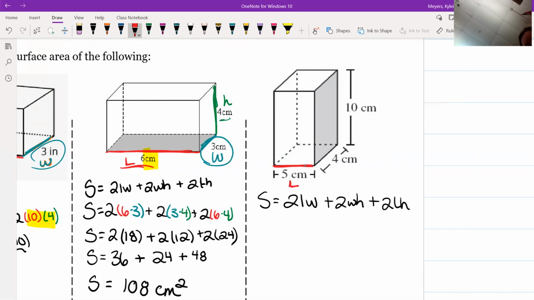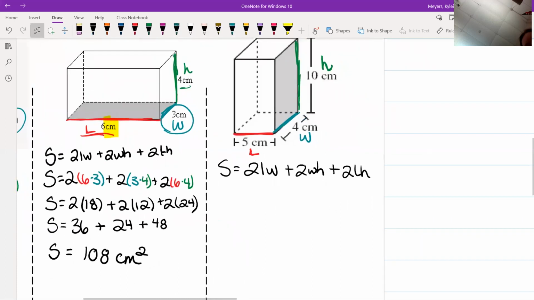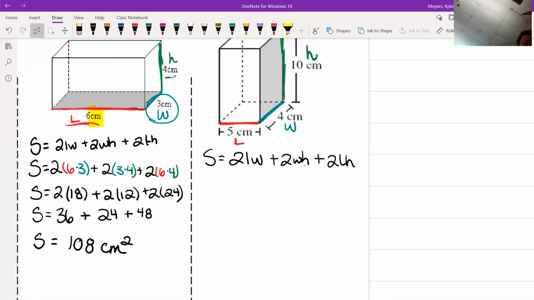This is your length, it's 5 centimeters. Your width is how wide that box is, so that's this 4. And in this case, your height, how tall the box is, is your 10. Okay, so now start plugging that in, and we'll go over that in class the next time I see you.